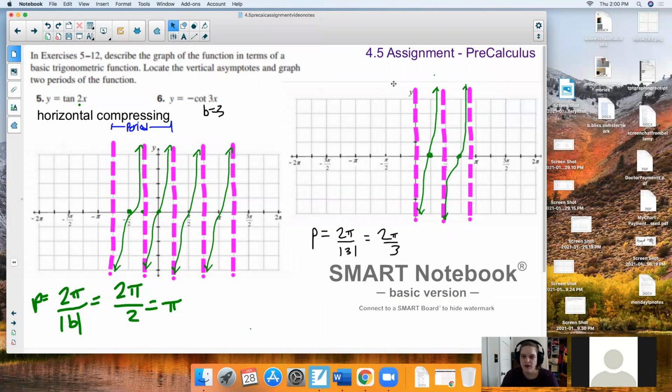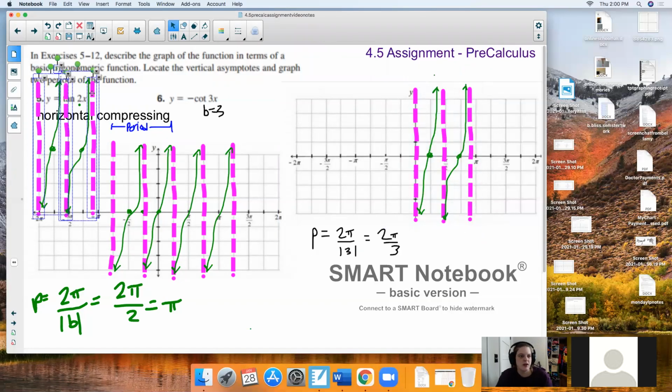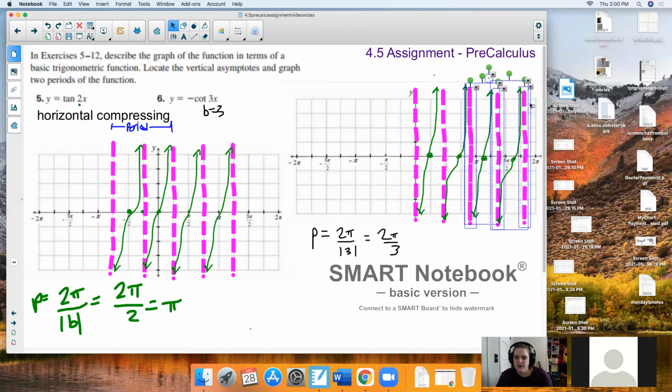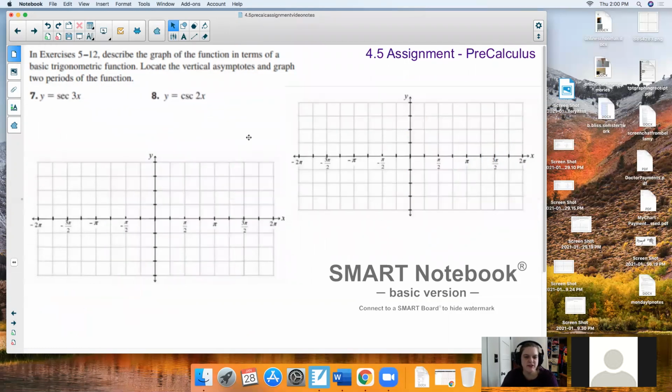All right. So then to make two periods of that, we would do that. Yay for the glory of computers. All right. So that's exciting. Basically making sure that every time you do this, you know where those asymptotes are.